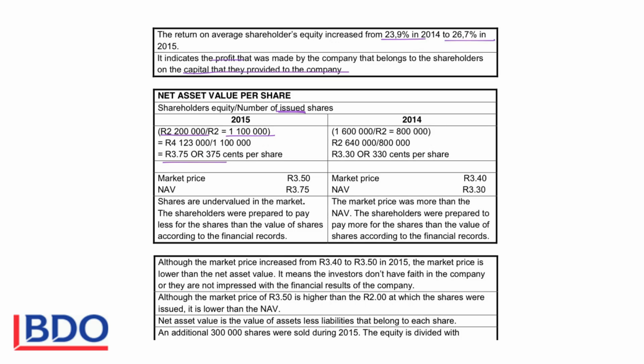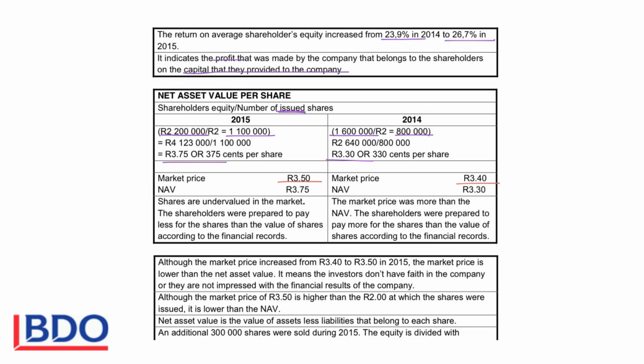In 2014, the capital was 1.6 million, the owner's equity. The number of shares issued in 2014 was 800,000, so that gave you R3.30 per share. The market price in 2014 was R3.40, and the market price in 2015 is R3.50.